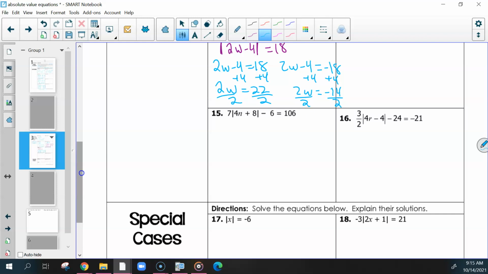I ran out of space, so I'm going to write my stuff over here. W equals 11 and W equals -7. Are we dividing the 2? Say that one more time. Are we dividing the 2? Dividing.